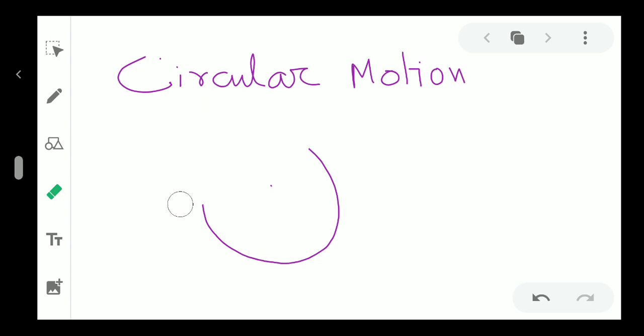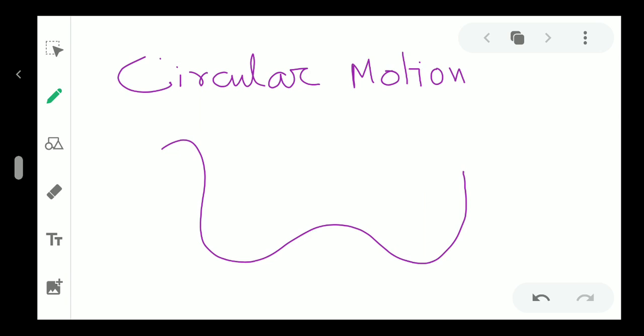Sometimes when you see something moving with some curvature, you can consider this whole motion as a combination of lots of circular motions. For this portion, you can see it's a part of a circle.